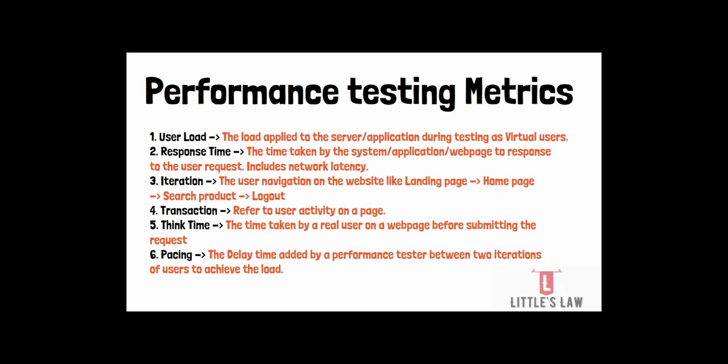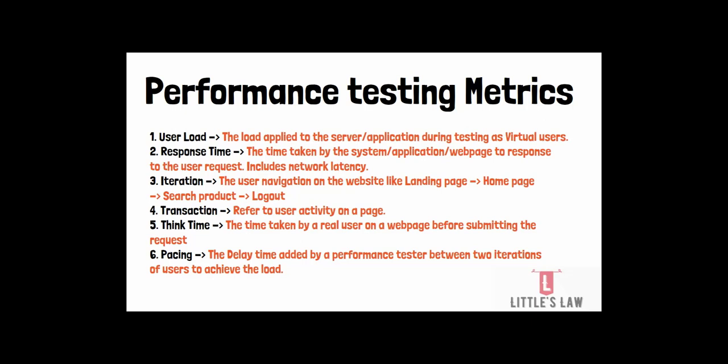Next comes the iteration. The user navigates on the website. For example, he lands on the landing page, then navigates to the home page, or he logs into the application, searches for a product and orders it, and in case some users add items to the cart, before ordering they might log out.